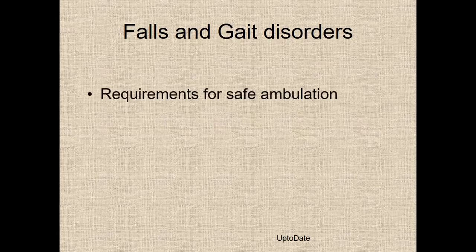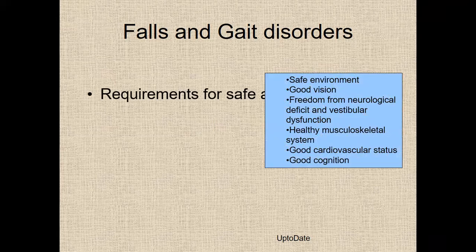All right. If you see here, the first thing is requirements for safe ambulation. That's very important. While you are assessing a patient and you want to make sure that the patient is not at risk of fall, you need to assess for a safe environment. A safe environment means that there are no slopes where he's living, where he's coming and going.